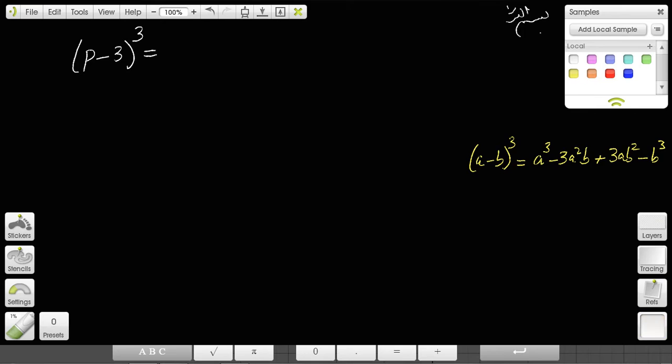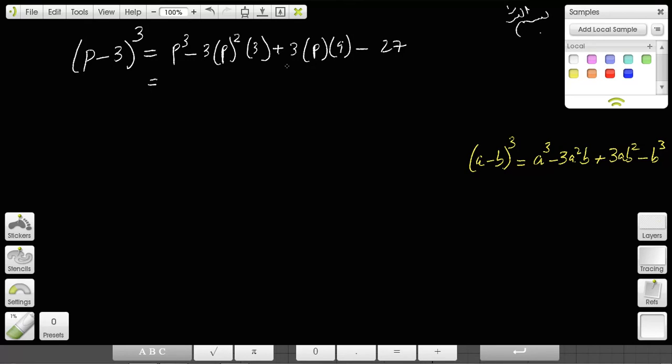Okay, so it's going to be a cubed, minus 3 times a, which is p, squared, times b, b is 3, not negative 3, plus 3 times a, which is p, times b squared, which is 9, I'm just writing that, minus b cubed, that's 27, b is 3.